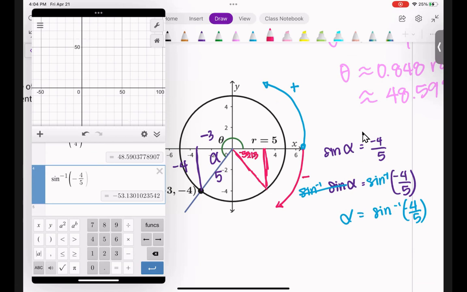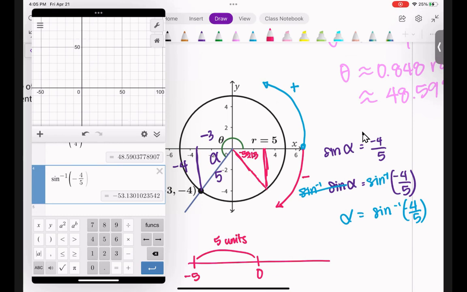So that's -53 degrees. If I take that negative out of there, it's just 53 degrees. So if you think about when I'm graphing on a number line and I say this is 0 and I say this is -5, it's really 5 units away from 0, just in the left direction, right?